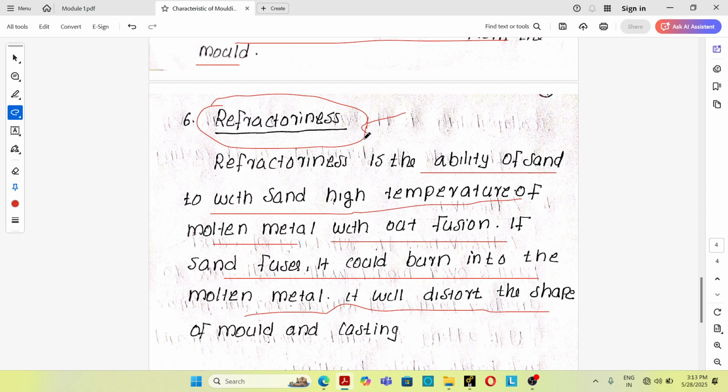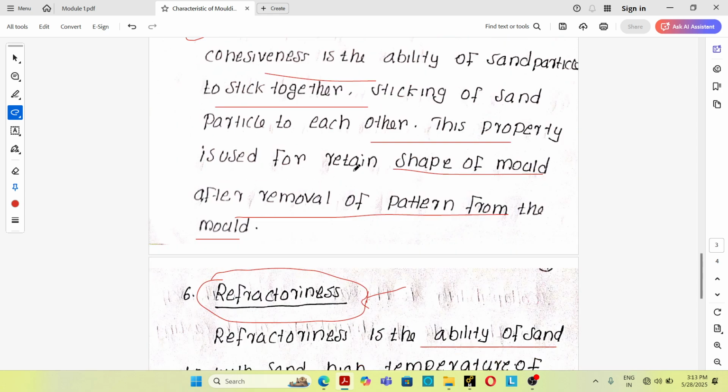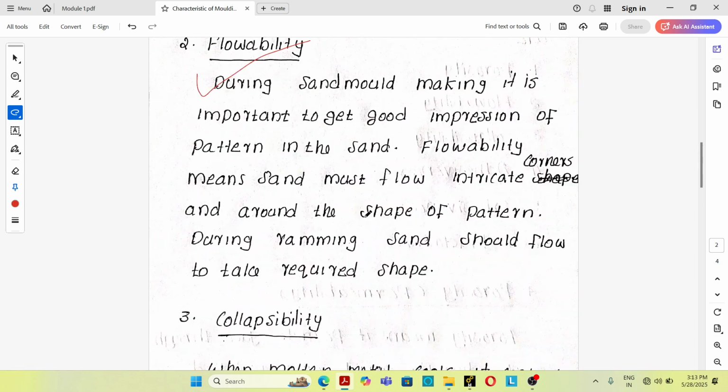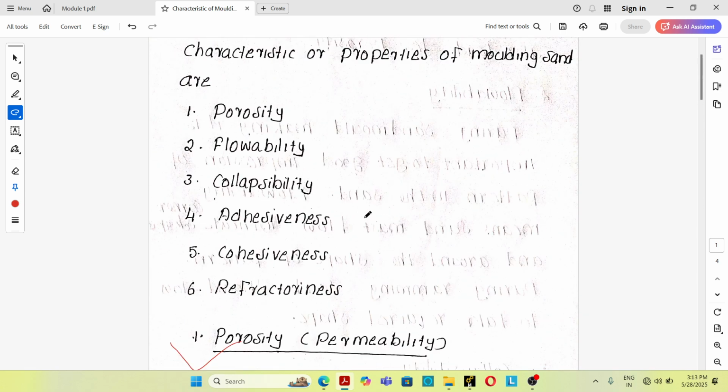Otherwise, it will fuse due to the high temperature of the molten material, stick to the solidifying casting, and produce some defects. So these are the characteristics of the sand used for making a sand casting mold. We have mainly six characteristics: porosity, flowability, collapsibility, adhesiveness, cohesiveness and refractoriness.